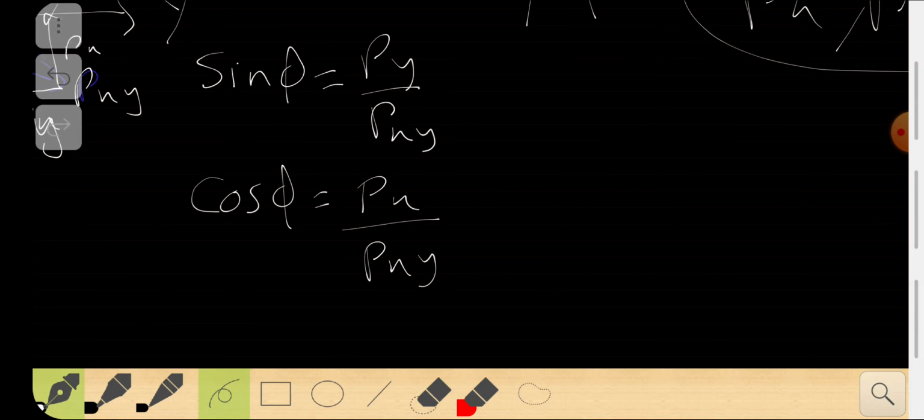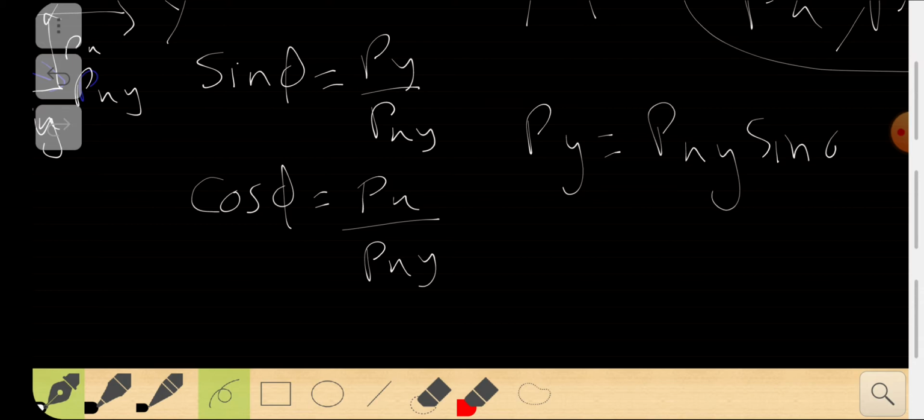So now you got py equals p of xy times sine phi, and p of x is equal to p of xy times cos phi.